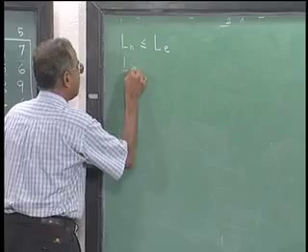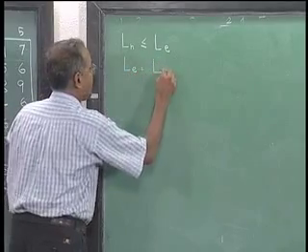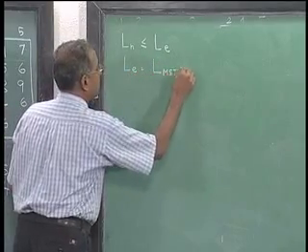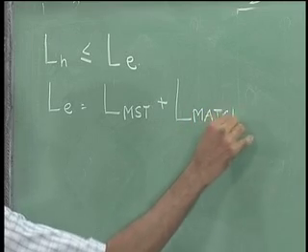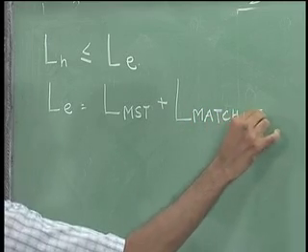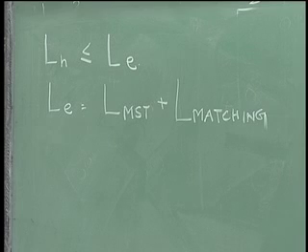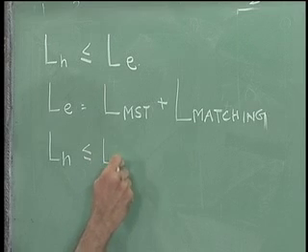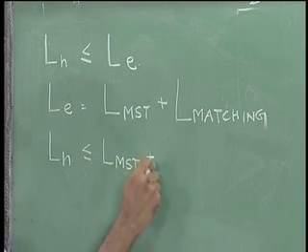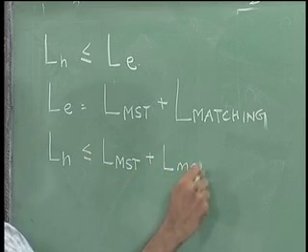Now we have LE equal to LMST, the length of the minimum spanning tree, plus the length of the matching that we have added to the minimum spanning tree. Therefore, LH is less than or equal to LMST plus L matching.